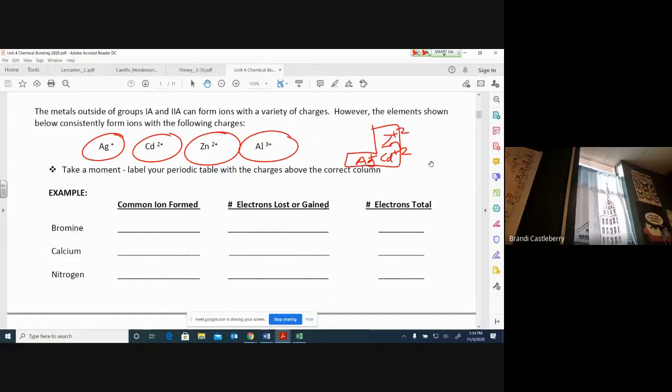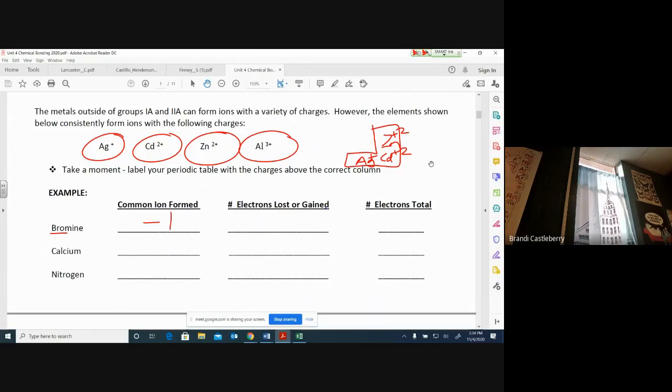All right, down here. Now if I have bromine, how I do this is I find the periodic table you already have labeled. Find bromine. Bromine is Br. What charge do we just write above it? -1. It is -1 because it's on my table too.